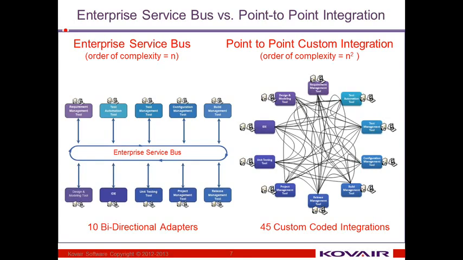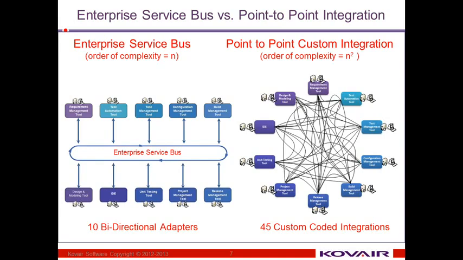And if one of the versions change, I think 9 code units have to be changed so that you can maintain the relation with the other 9 tools. Whereas on the left-hand side, in the ESB structure, you just need to change the adapter which was communicating with that particular tool.